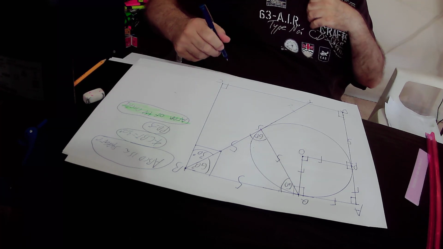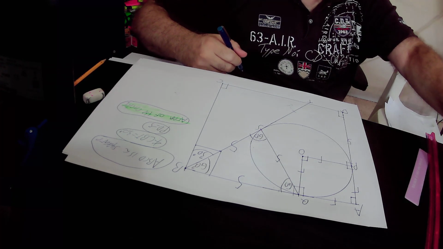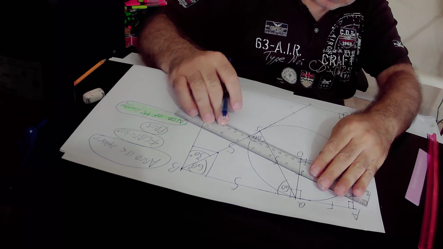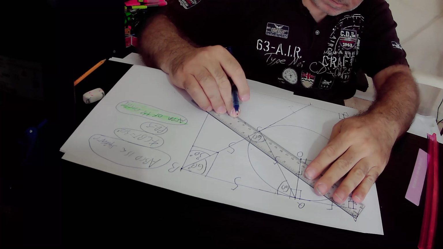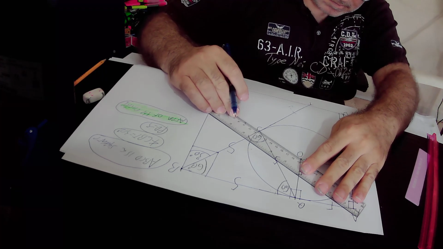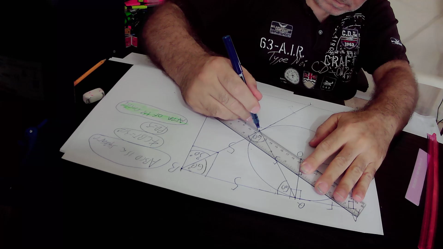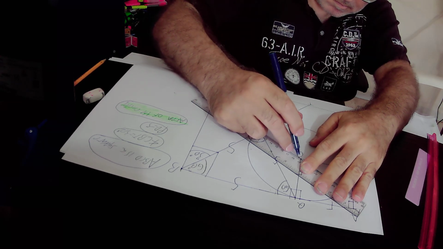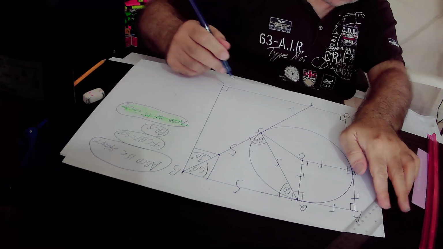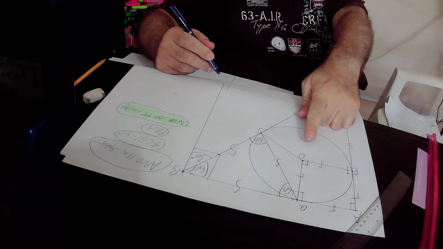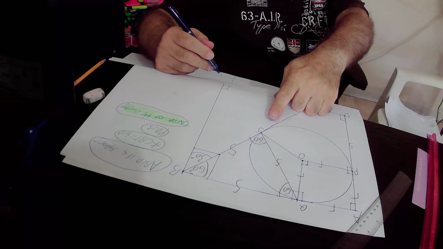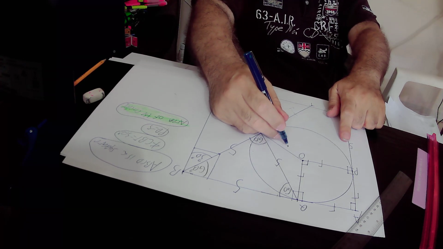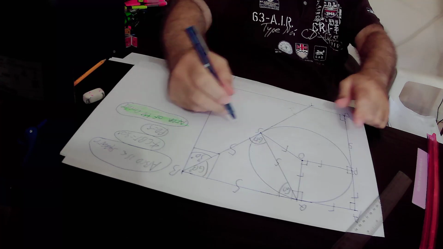In the next step, we will join points O and S together by a straight line. Point O is the center of the circle, point S is the point on the circle itself, therefore OS is the radius of this circle that is equal to r.